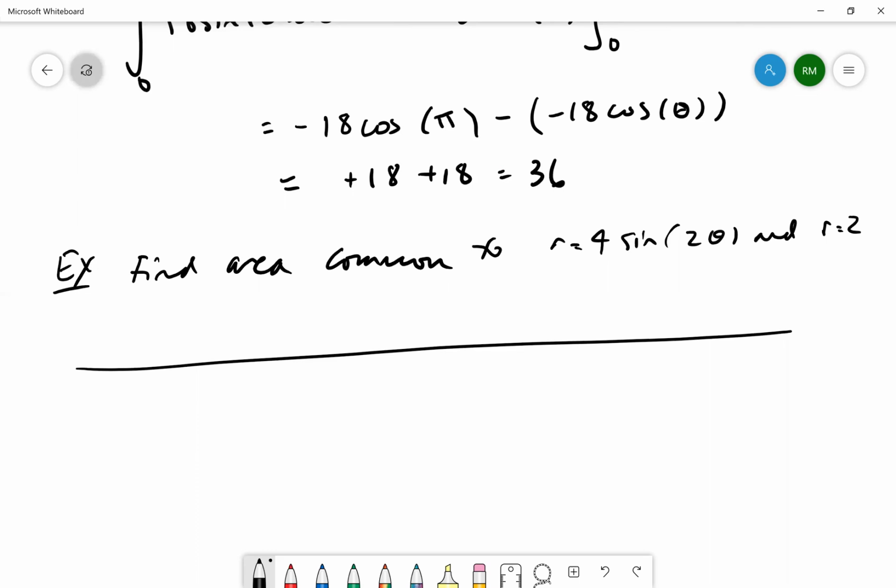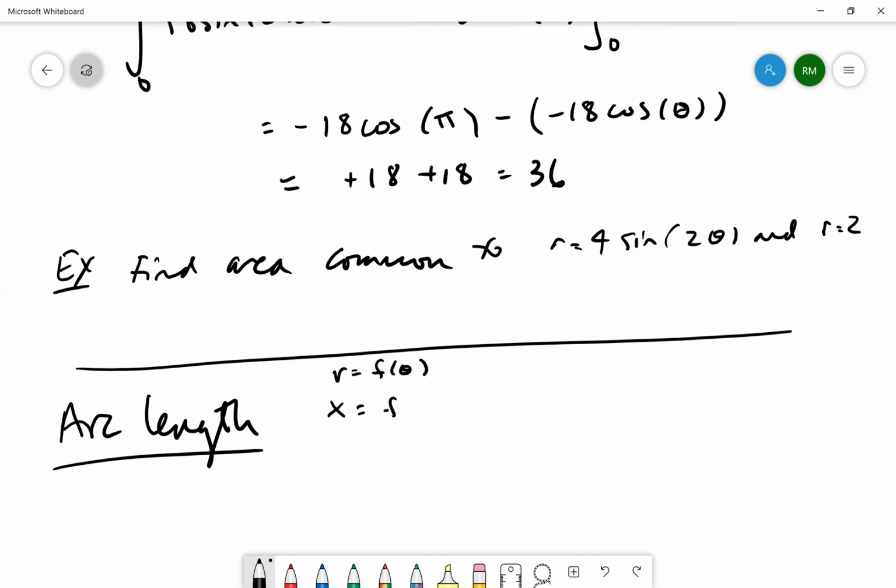All right, so now let's switch gears and talk about arc length. The formula can be obtained in a very similar manner to the ones in the past, because we're using polar coordinates. If r is equal to f of theta, we know that x is f of theta times cosine of theta, and y equals f of theta times sine of theta. So now x and y can be written as a parametric equation.